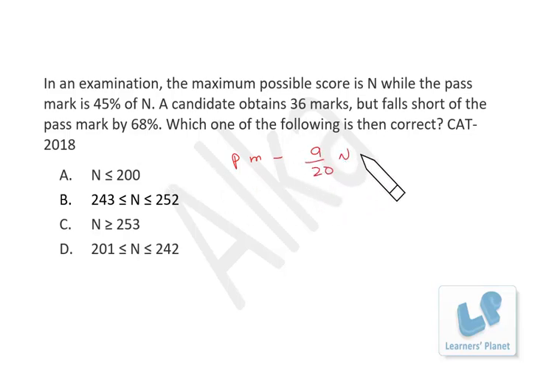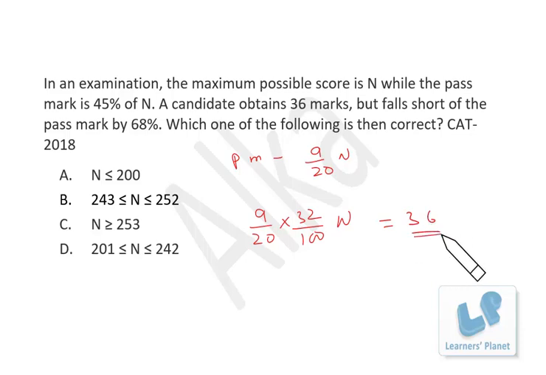So what is the pass marks? 9 by 20 of n. And this guy is getting 32% of the same. So this guy is getting this marks, and this is actually 36. So we have to find out the value of n.